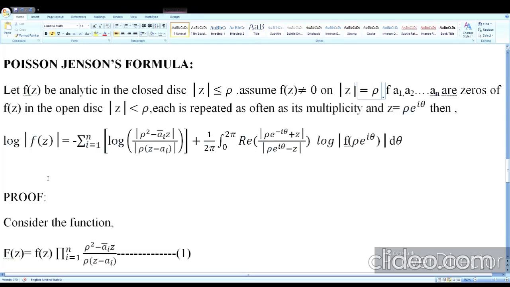Then log modulus of f of z is minus summation i varies from 1 to n log modulus of (rho square minus a_i bar z) by rho into (z minus a_i), plus 1 by 2 pi integral 0 to 2 pi real part of (rho e power i theta plus z) by (rho e power i theta minus z) log of modulus of f of rho e power i theta d theta.